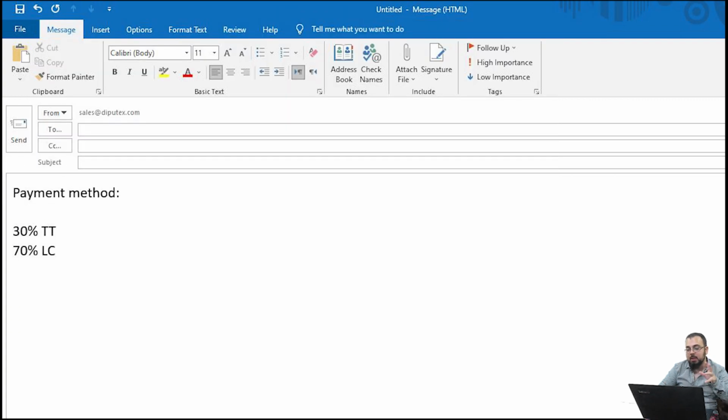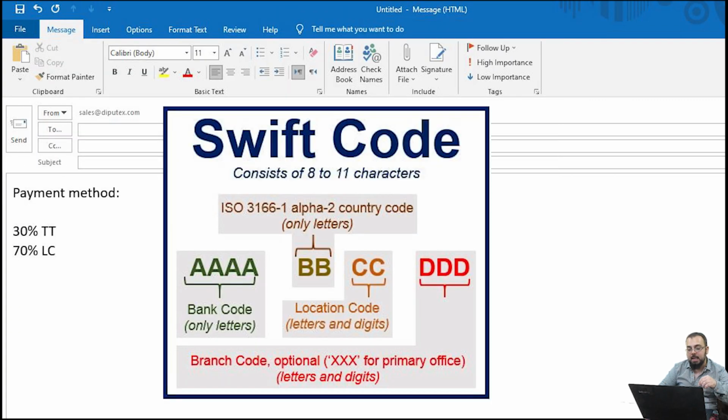SWIFT is a global network between banks, and as a business person you don't need to know more. Each bank has a special code that includes 8 to 11 characters. You can transfer money to your destination by giving this SWIFT code to your bank.